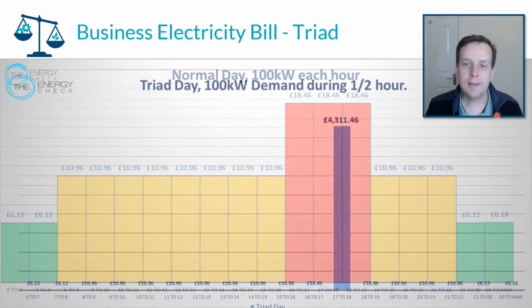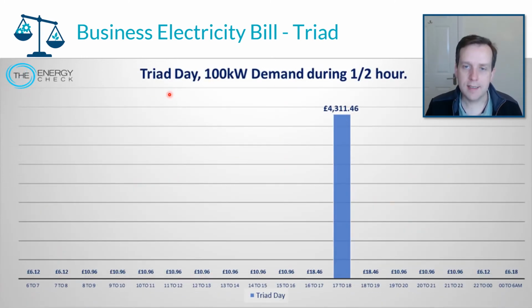If we look at a triad day, and a triad only applies to the kilowatts used in a very particular half hour, that could be £4,000 for the same business. So for half an hour of electricity usage, you could be charged £4,000.